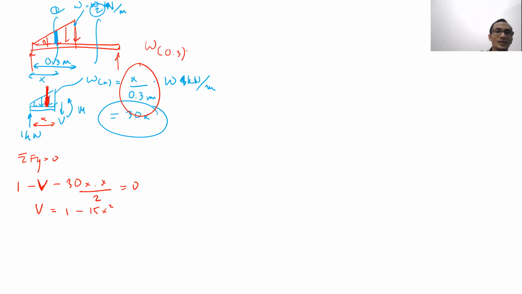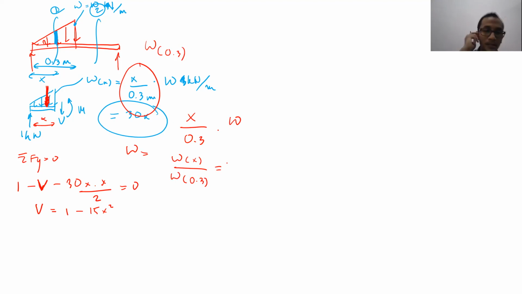Yes, I get it. So this one is comparison of distance in order to find the value of W at distance x, because the value of W that I know is at distance 0.3. So what we have to do is x divided by the length there, multiplied by the W at 0.3. That's what I will get for the W at x, because the comparison is supposed to be linear.